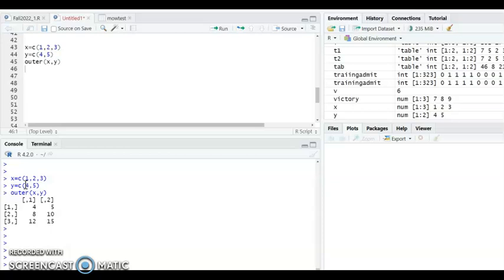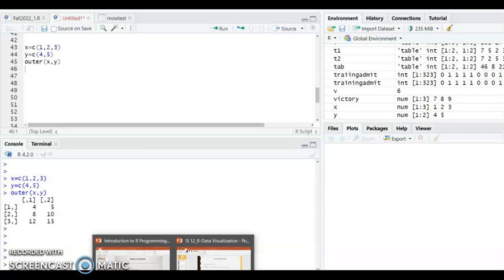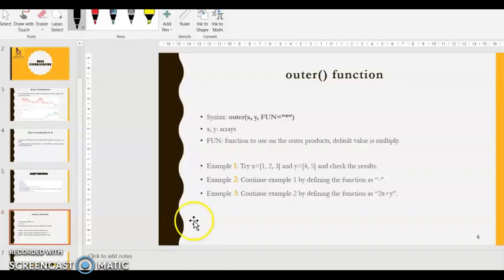And what is the function you want over them? It is multiply, because as you remember in the PowerPoint we just reviewed, let me show you slide 12. As you can see, the function to use on the outer product, default value is multiply.